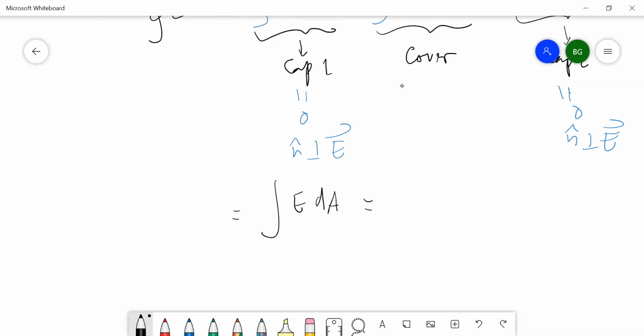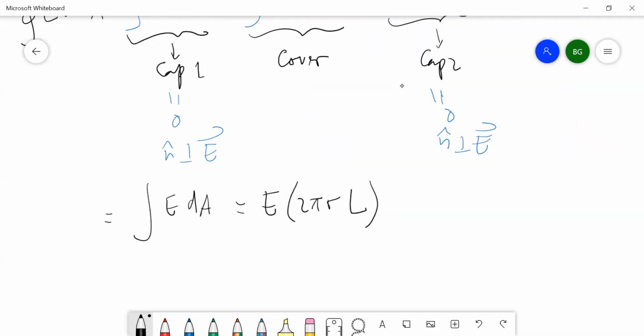And the cover of the cylinder, you know that this is E times 2 pi R L. And this is Q enclosed over epsilon 0.